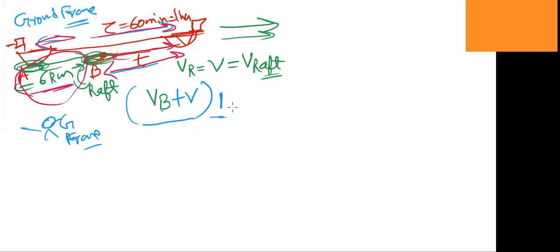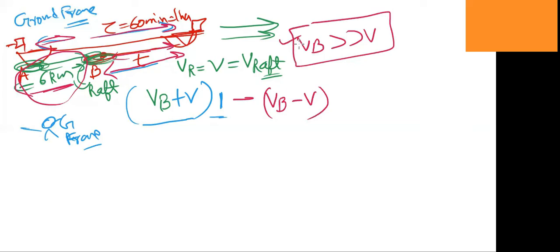For upstream, the velocity will be vb minus v, the boat's velocity minus the river velocity. It's common sense that vb will be greater than v, otherwise how would it move upstream. So (vb plus v) into 1 minus (vb minus v) into time equals 6 kilometers.